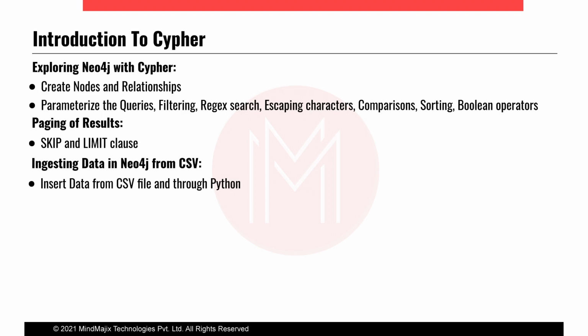You can insert data from a Jupyter Notebook or a Python IDE, write a Cypher query there, and execute it with some changes in Python. You add some clauses to Python to make sure it connects to Neo4j and does whatever operation you want. Say you want to create a node in Neo4j through Python. You can definitely do it with some Python coding plus the Cypher query embedded inside the Python code. We'll do a live demonstration of this data loading and ingestion.